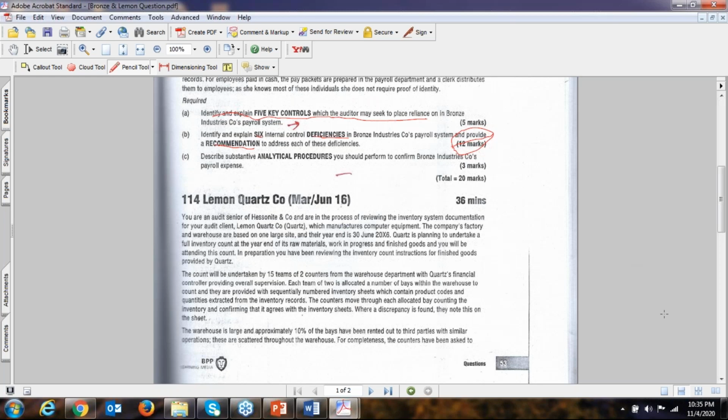So you people will not be confused, because this is a combo question. You need to mention key controls and why it is a key control, and in part B you need to identify the deficiencies and why it is a deficiency, and with the recommendation. With all these three factors, you write down the answer. So here we are going to learn the deficiencies, why it is a deficiency, and the recommendation.